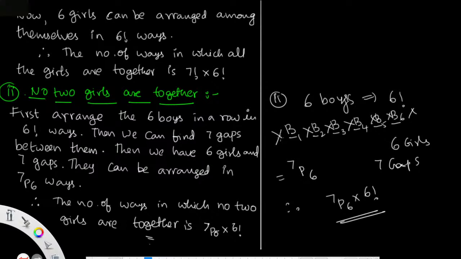With 6 boys we get n plus 1, that is 7 gaps. In these 7 gaps we can arrange the 6 girls in 7P6 ways. Therefore, the number of ways in which no two girls are together is 7P6 into 6 factorial.